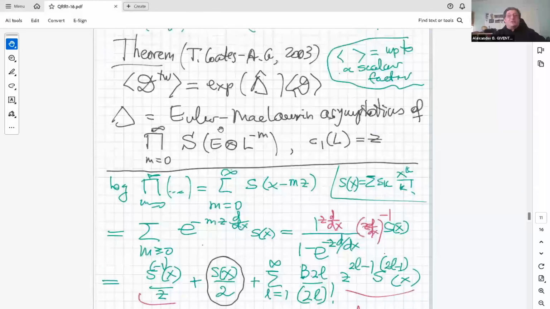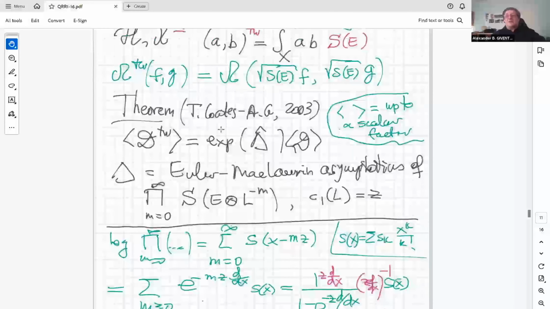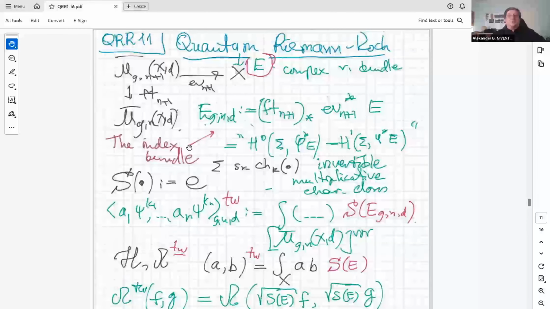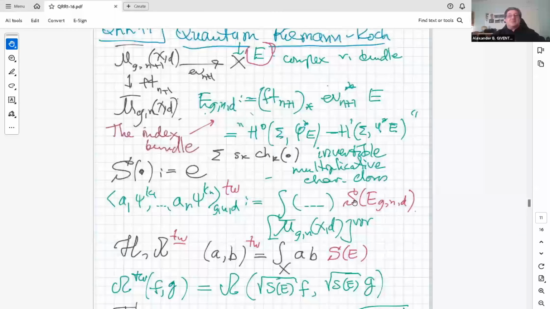In the proof of the theorem, of course, they arise from the application of the Grothendieck-Riemann-Roch formula, because what we do, we have a generating function with these S's inserted, and we differentiate. The proof is infinitesimal. We differentiate in Sk. It brings down some components of the Chern character of this Hodge bundle, not Hodge, this index bundle. It's an integral over that space.